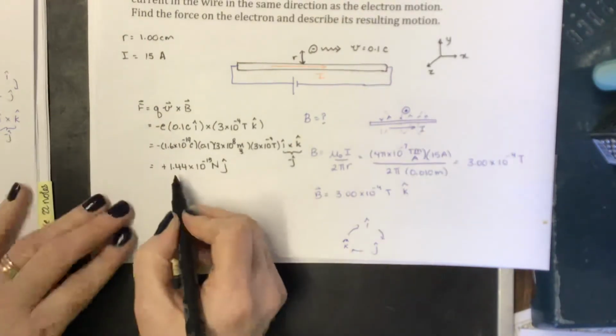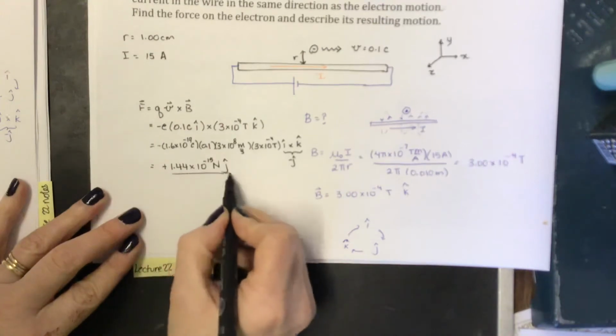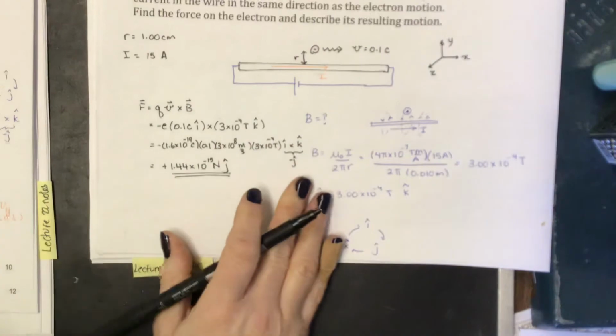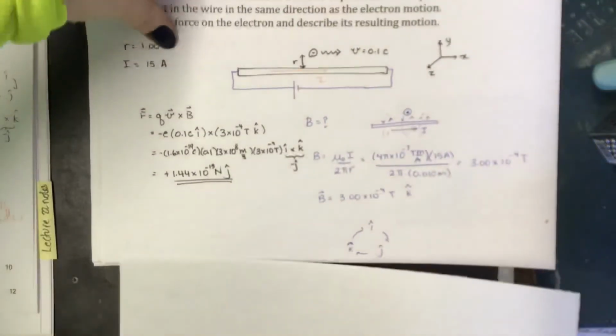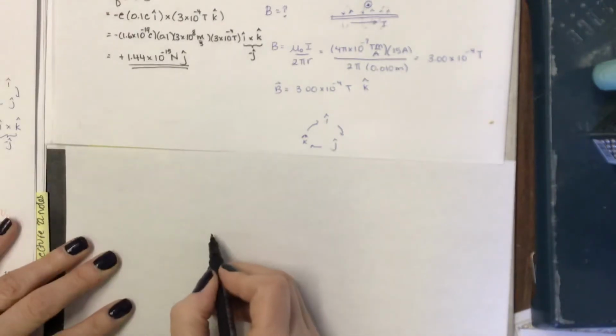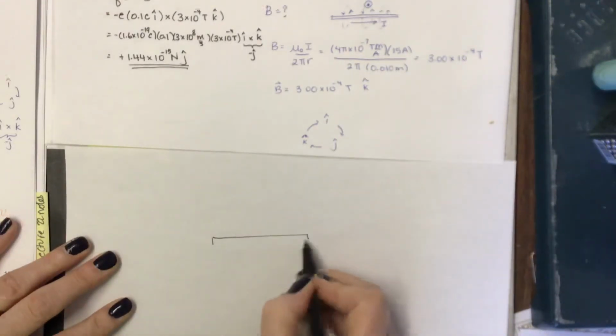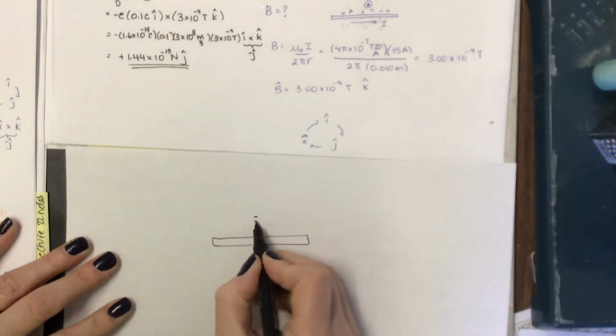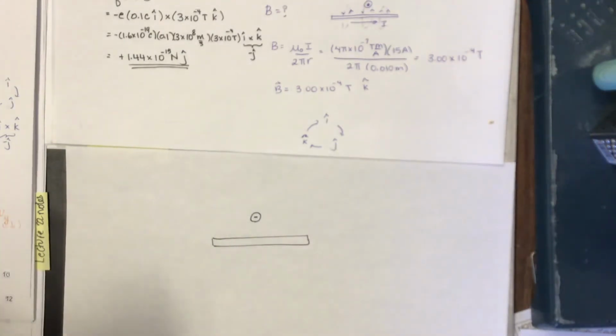We're also asked to describe its resulting motion. This piece of paper is getting a bit full. I'll just spill onto another sheet. So the resultant motion, let's draw it again. There's our wire. Here's our electron. And let's think about the motion. So we know it's moving to the right.